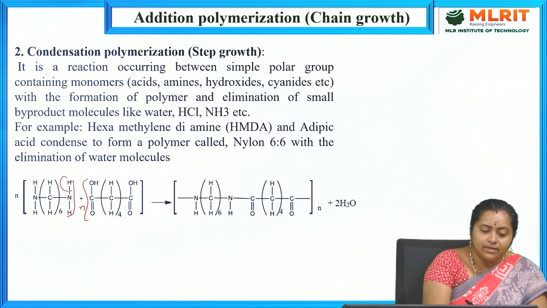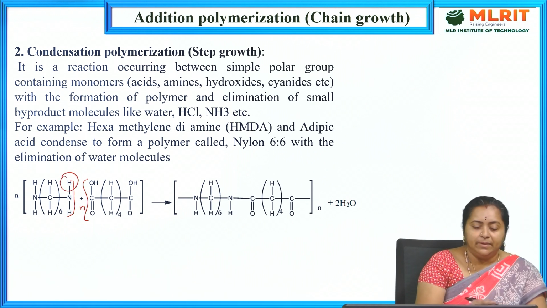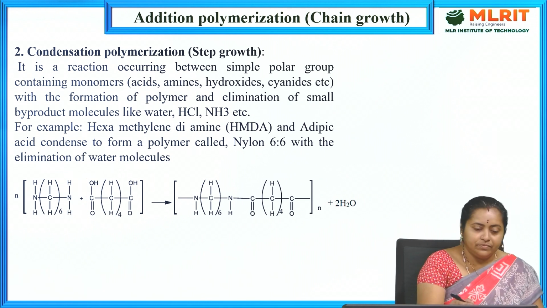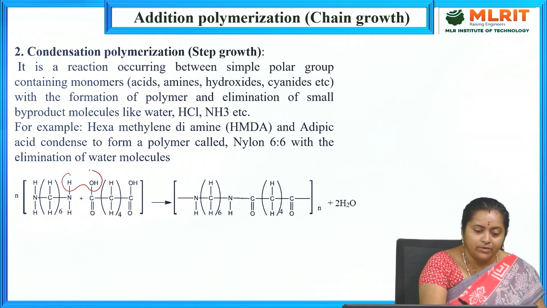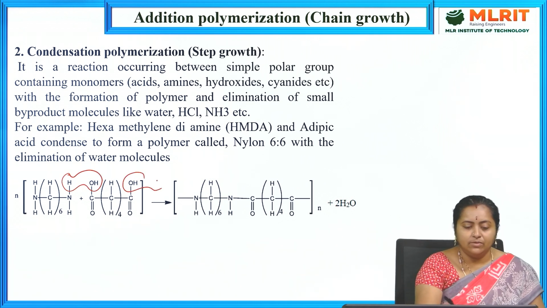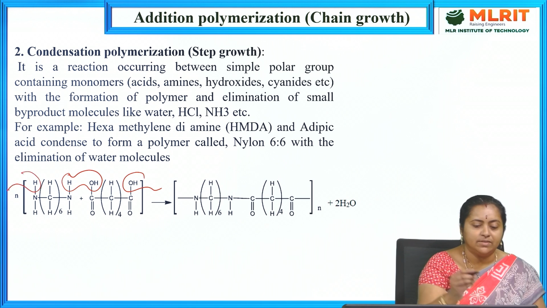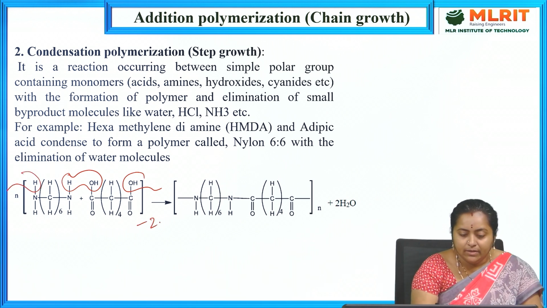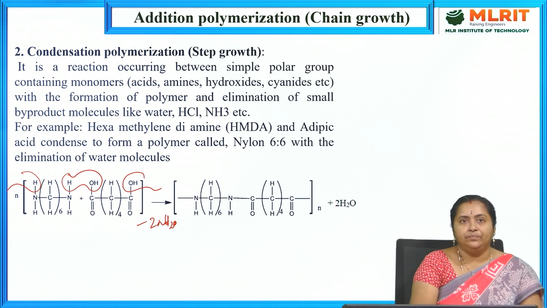From this amino group, hydrogen will be eliminated, and from this carboxylic group, OH will be eliminated. As a whole, a water molecule is going to be eliminated. From this also OH is going to be eliminated, and from this also H is going to be eliminated. So here, minus 2nH2O, water molecules will be eliminated.